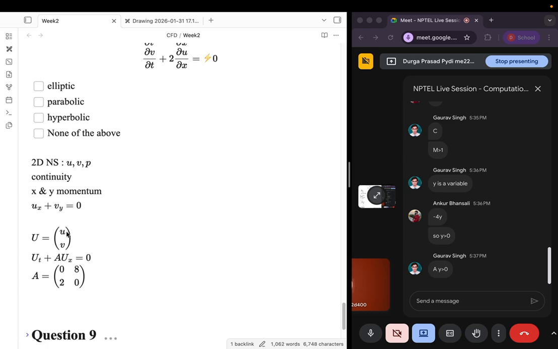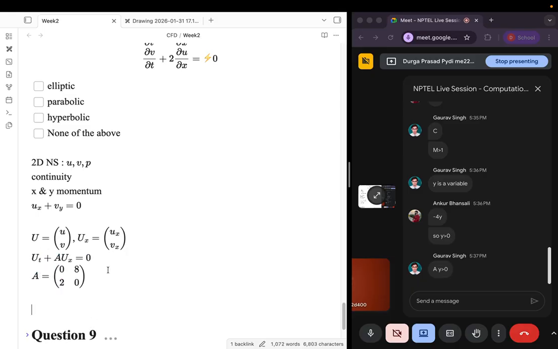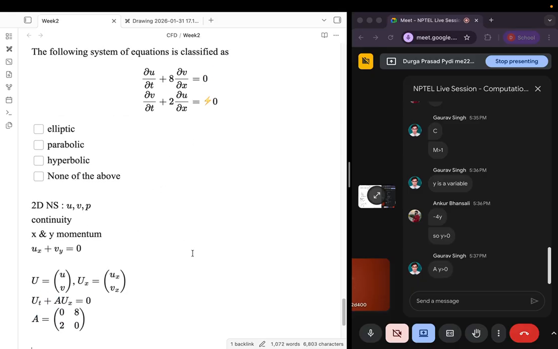So ux is basically this. You can multiply these out and get the original equation back.